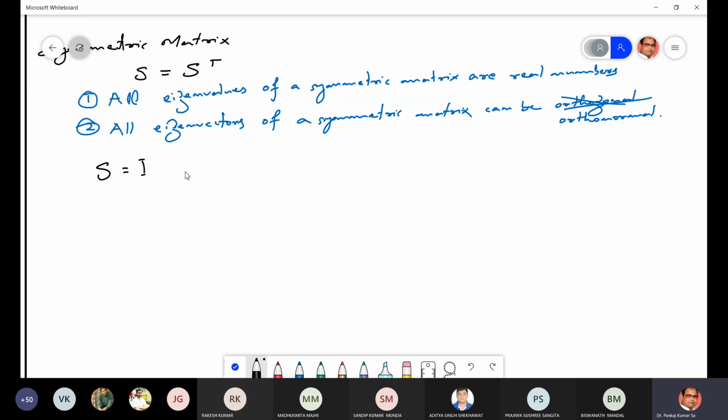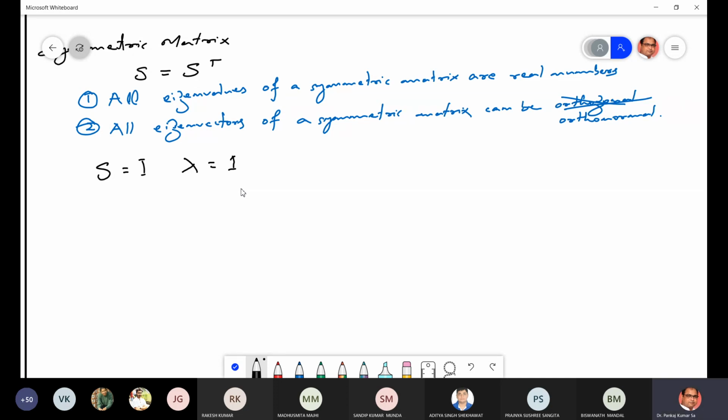So what are the eigenvalues of this S? All the eigenvalues lambda are 1. That's right. All the eigenvalues are 1.